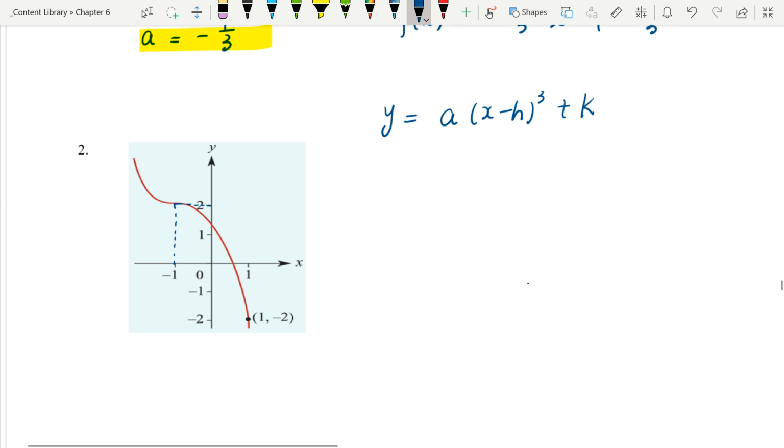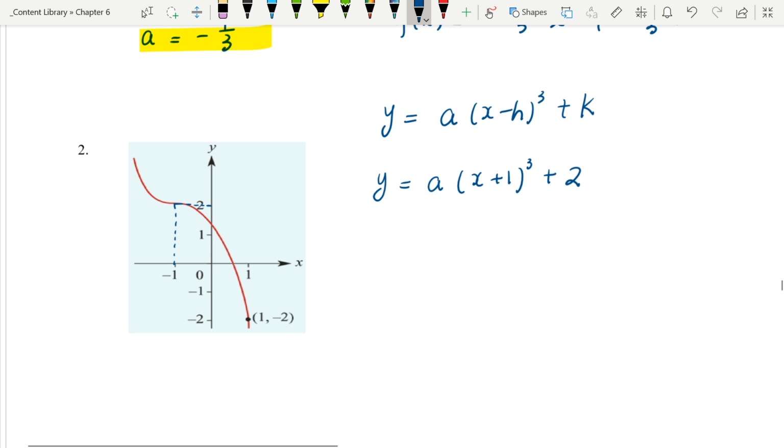So h is negative 1 and k is 2 in this case. So the equation becomes a(x plus 1) cubed plus 2. How you find the turning point is how you find the stationary point of inflection. The only thing that changes is from square to cube.